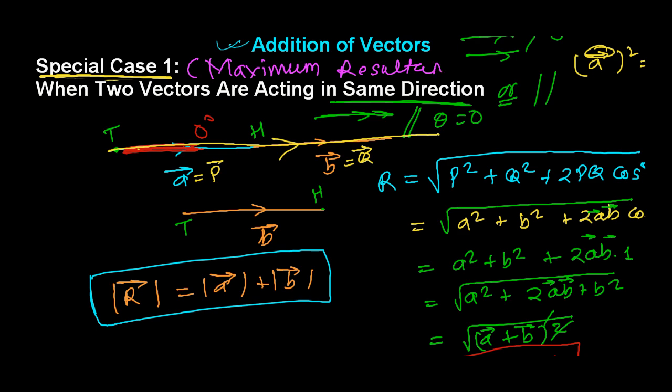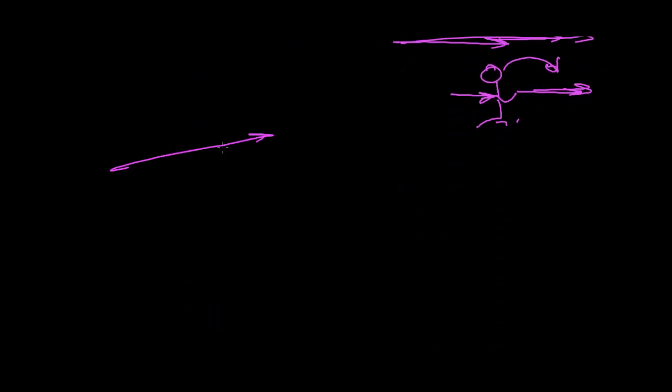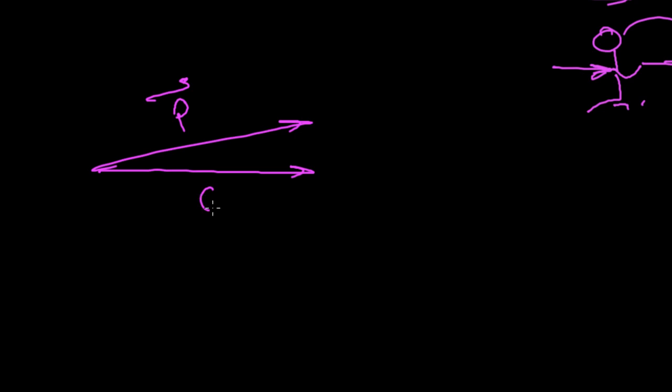Whenever two vectors are acting along the same direction, say a vector P acting in this direction and another vector Q acting in this direction, when you add them you arrange them head to tail and use the triangle rule. You move Q here, and the resultant will be somehow like this.